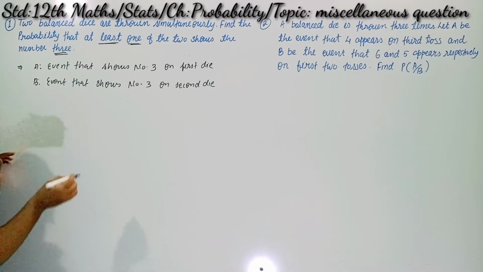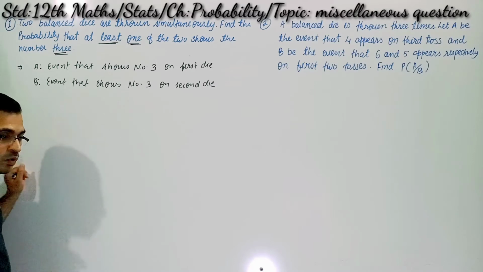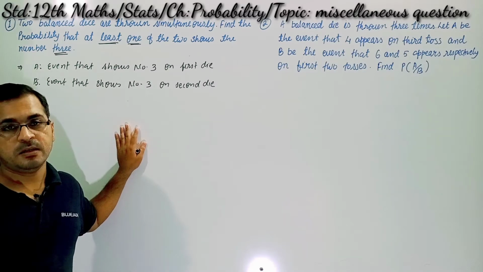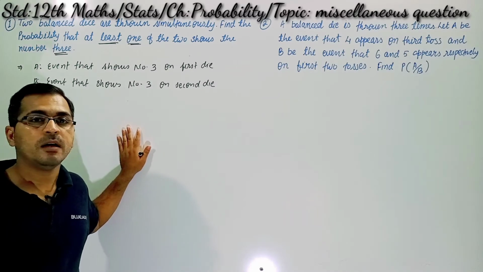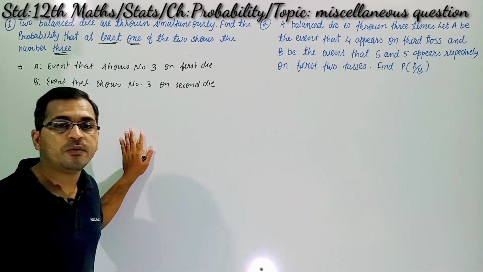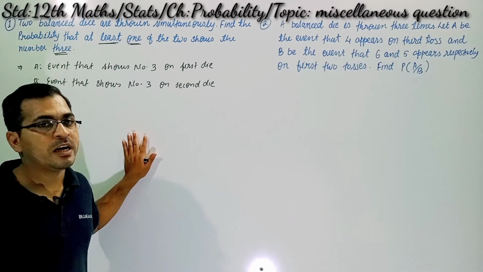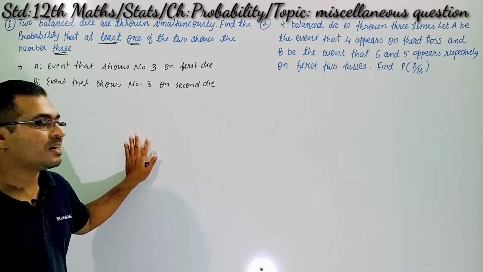Right students? So the total number of sample points: if you are throwing a die, you can get 1 2 3 4 5 and 6. If you are throwing the second die, you can get 1 2 3 4 5 6. Right students?